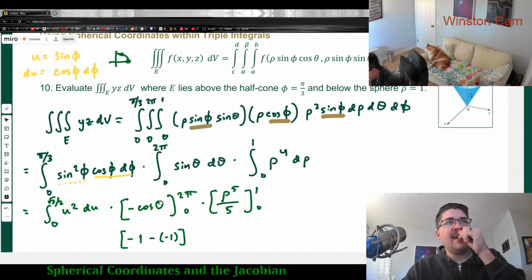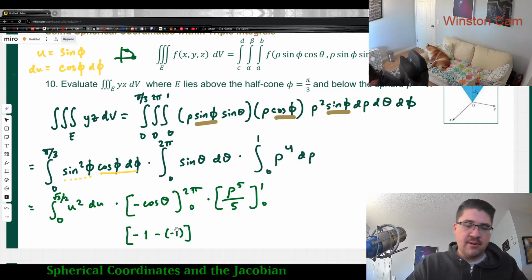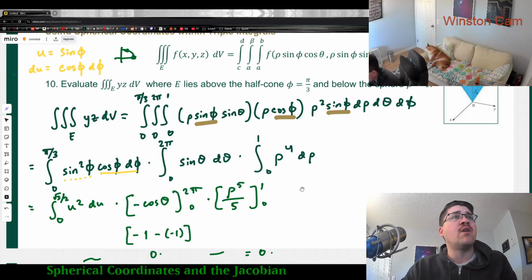Because, right, we're going to have the negative from plugging it in, and we're going to subtract from the fundamental theorem of calculus, and then when we plug in the 0 again, we have the negative as well. Or what we notice is we're going to have 0. And so 0 times whatever these fractions are, and whatever those fractions are, ends up we're going to have a total of 0 from this integral.